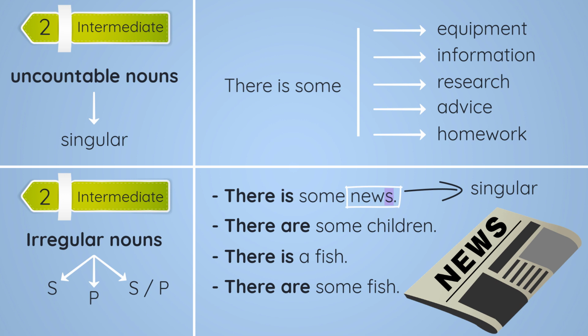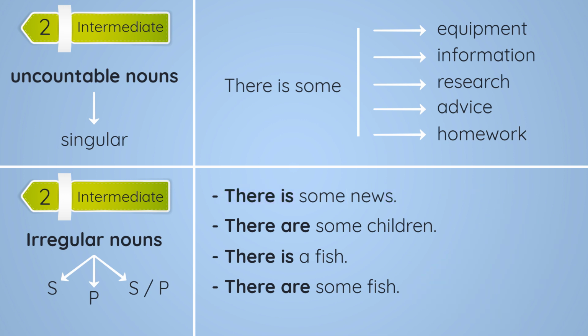But in this case, that's not true. So this is an example of an irregular noun, because even though it ends with an S, it's not plural, it's singular. So therefore, we say there is some news. There's some good news. There's some bad news.